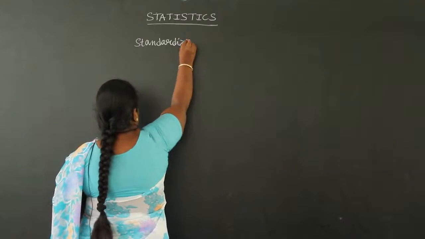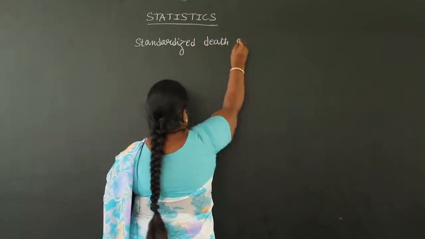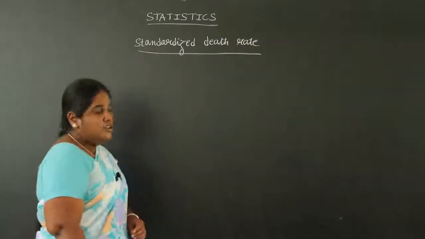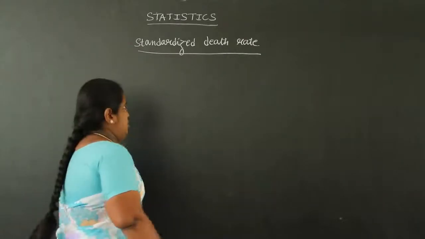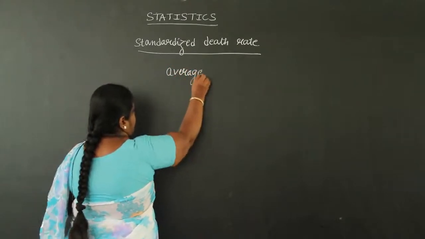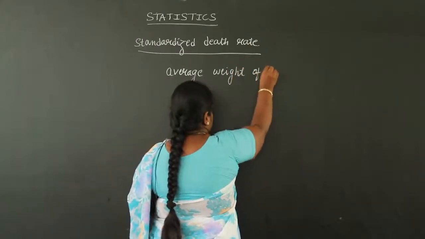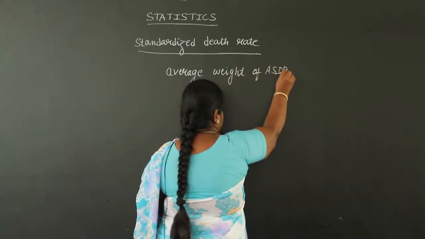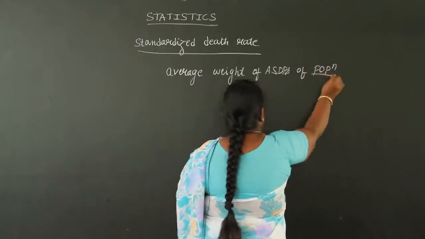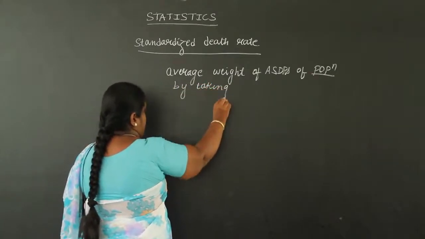So standardized death rate. This is the only measure of mortality where we can compare the death rate of two or more populations. So standardized death rate, what do you mean by this? It is the average weight of ASDR, that is age specific death rates of population, by taking standard population as weight.